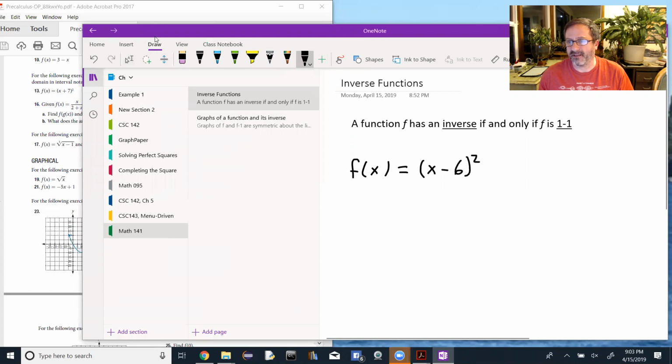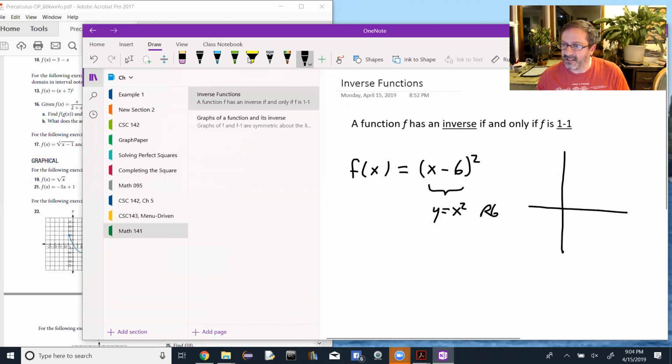And if we thought about what the graph of this looks like, this would be y equals x squared moved to the right 6. So I could graph that. I hit a button with my pen, excuse me. Fix that. Okay, so we could graph this, set up a grid, x squared moves to the right 6. So I'm just going to put 6 over here somewhere.